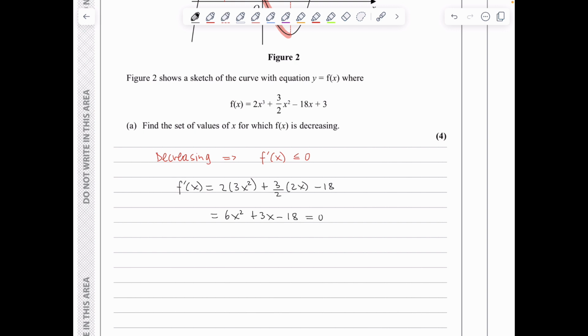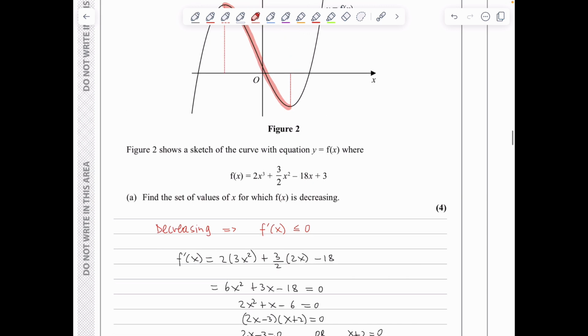If I set this equal to 0, I will divide first by 3 to get 2x squared plus x minus 6 is equal to 0, which factorizes into (2x minus 3)(x plus 2). This gives me values for 2x minus 3 is 0, or x plus 2 is equal to 0. And therefore I've got 2x is 3, which means that x is 3 over 2, or x is negative 2.